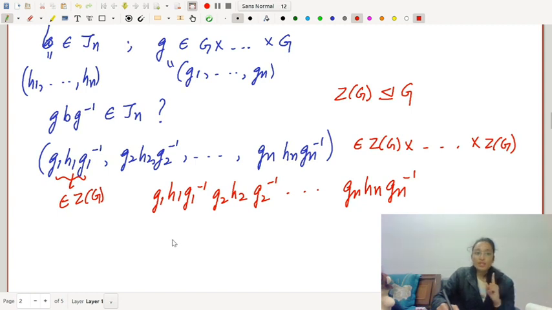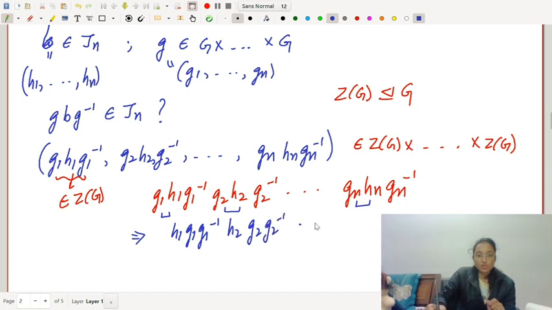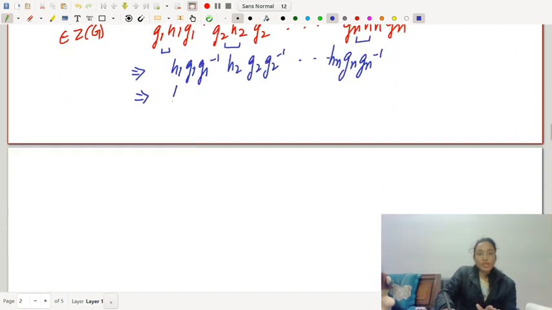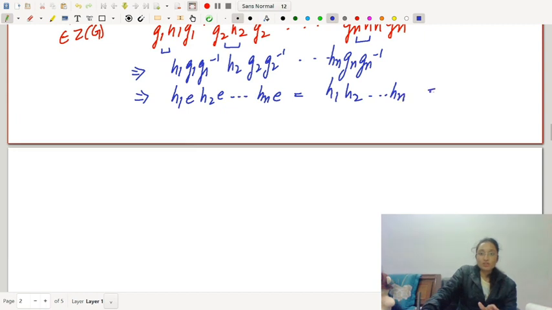Now we know that h1 belongs to the center of G. So basically h1 and g1 will commute, h2 and g2 will commute, hn and gn will commute, which will imply h1 g1 g1 inverse, h2 g2 g2 inverse, up to hn gn gn inverse, which in turn is equal to h1 identity, h2 identity up to hn identity, which is equal to h1 h2 up to hn, which in turn is identity.